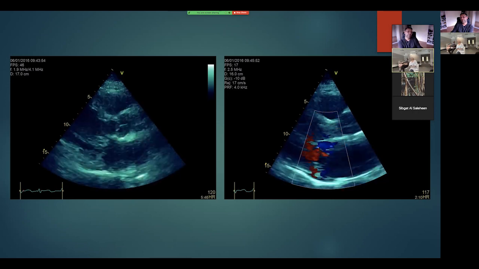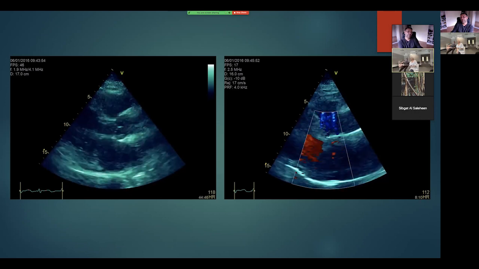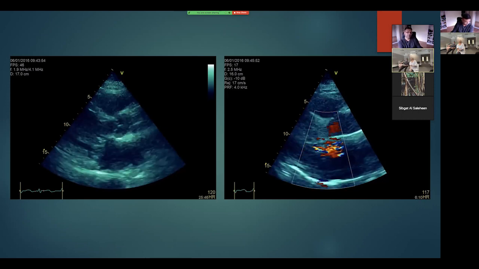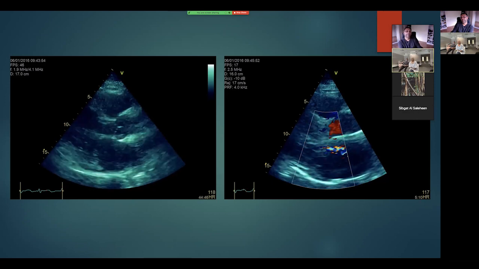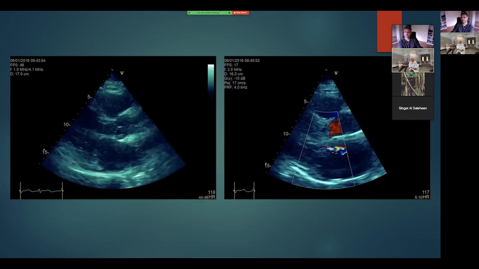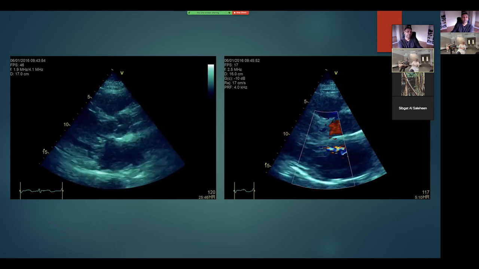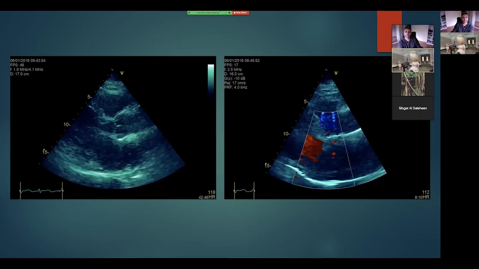I would expect it to hit the posterior wall if it was a true posterior prolapse. So I guess, I agree, it's not classical. I think it's probably the anterior mitral valve leaflet that's more than 2 millimeters below the annulus.